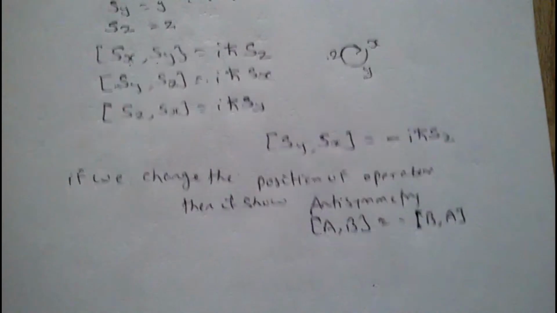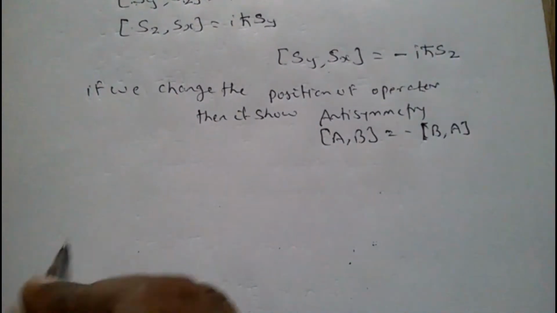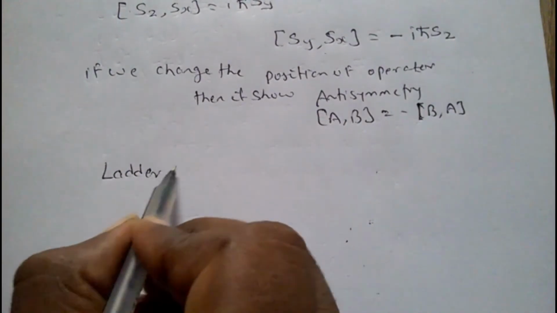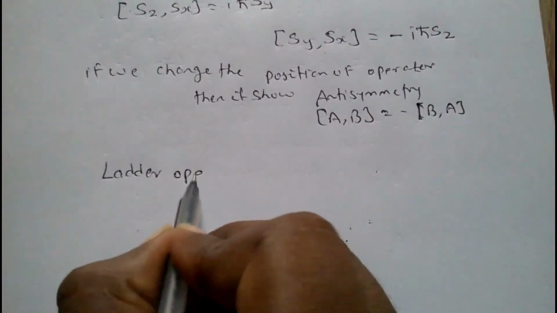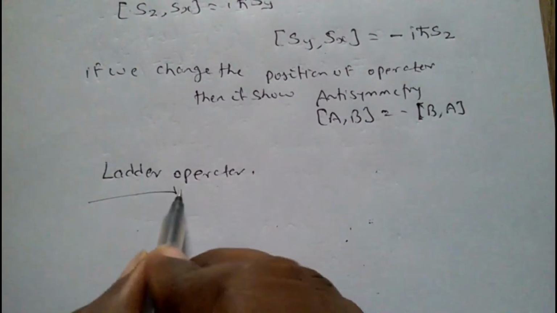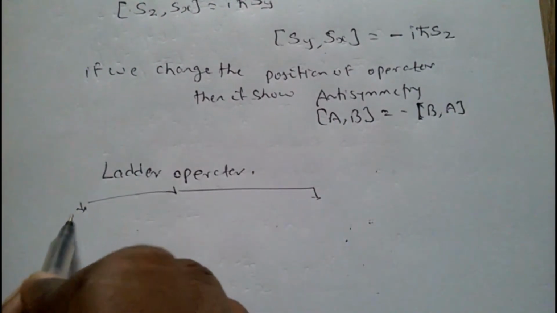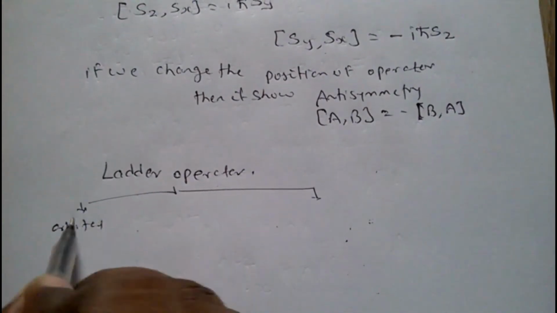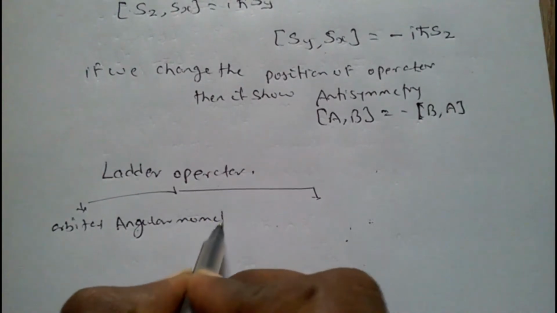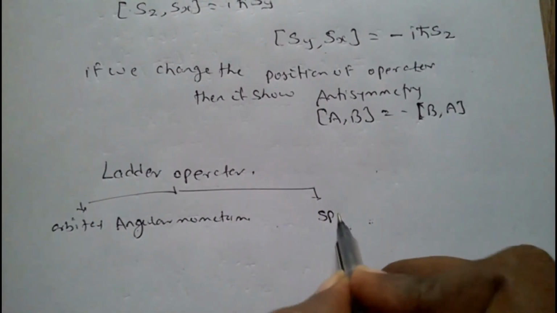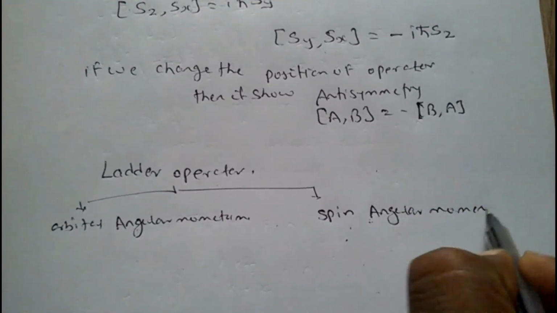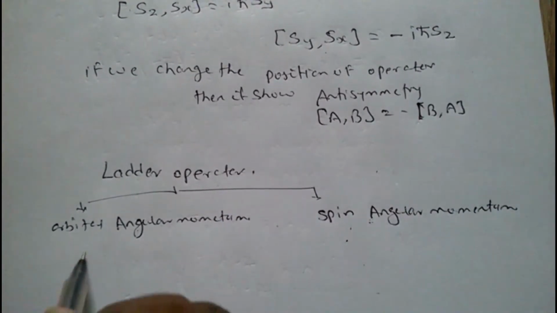Now we are moving further. Ladder operator. In this we have seen orbital angular momentum and the spin angular momentum.